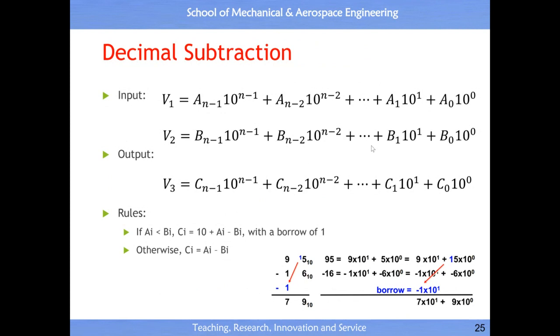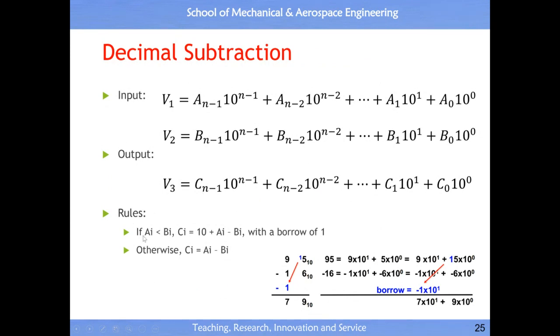Then how about subtraction? For example, we have two inputs and one output. All of them are represented by a series of digits like this. The question is how to determine C from A and B. Again, we follow this rule.